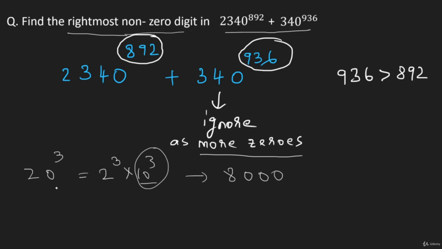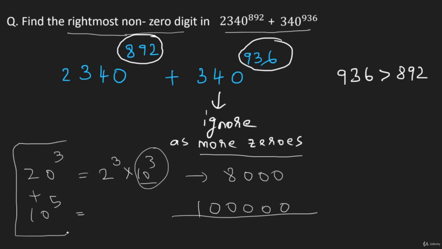Now if I have another number, say 10 to the power 5, you can see that over here I have 5 zeros. So let me write that so that we can visualize it. 3, 4, 5. I have 5 zeros. And if I add them, suppose the question was 20 cube plus 10 to the power 5, what is the rightmost non-zero digit? So 10 to the power 5 does not matter, you can see it's zeros.